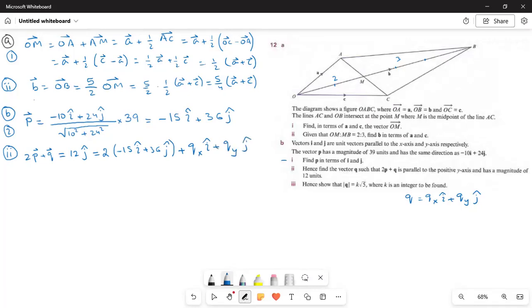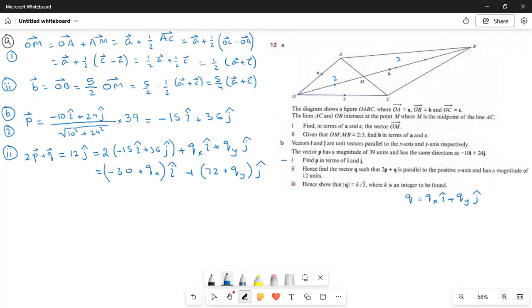Okay, so now this right side I can simplify a little bit. 2 times 15 is minus 30 and plus qx. So this is all the x component, i, and the y component is 36 times 2 is 72 plus qy. So this is my j component.